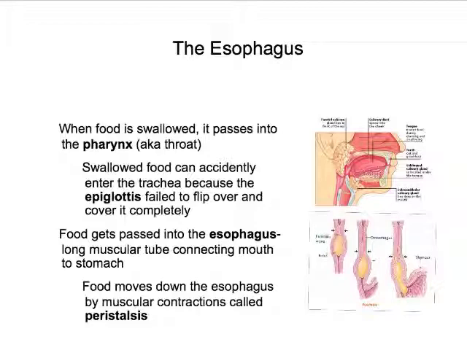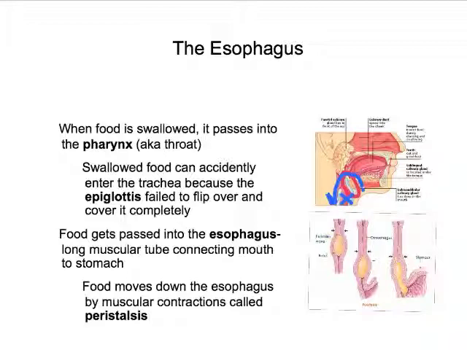So swallowed food can actually enter the trachea if what's called the epiglottis, which is a little flap, fails to flip over and cover the trachea. So the epiglottis is here, okay, and when we swallow, it should close and let the food down the esophagus, not down the trachea.